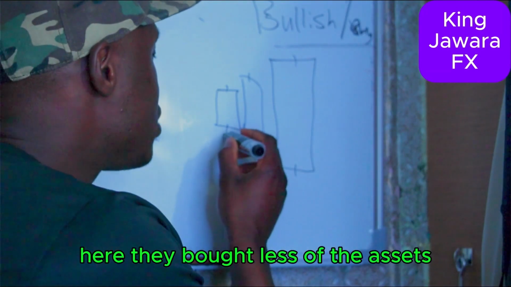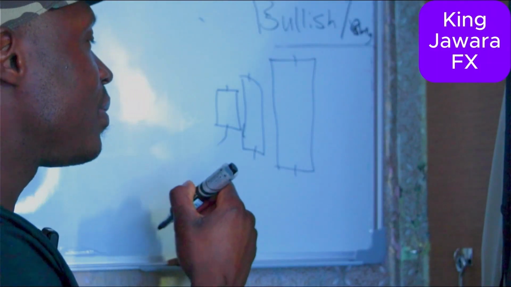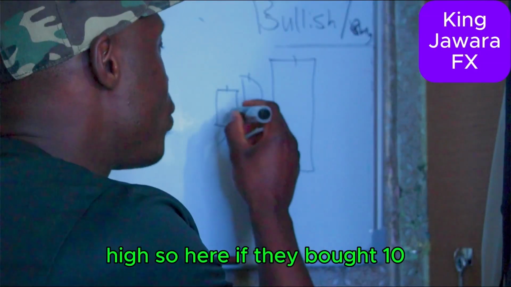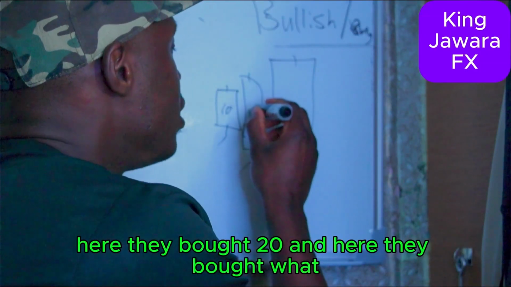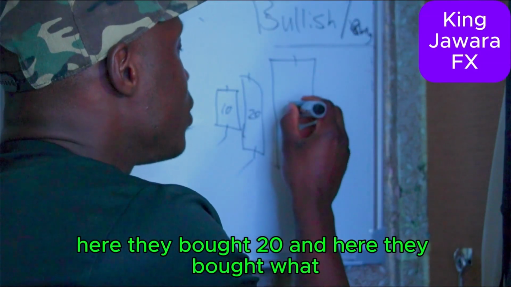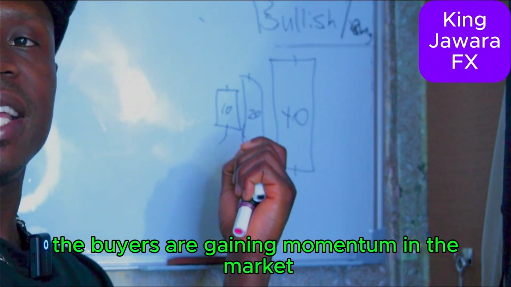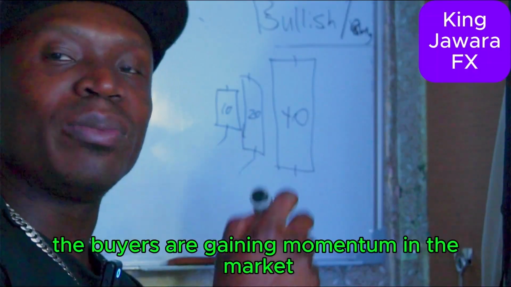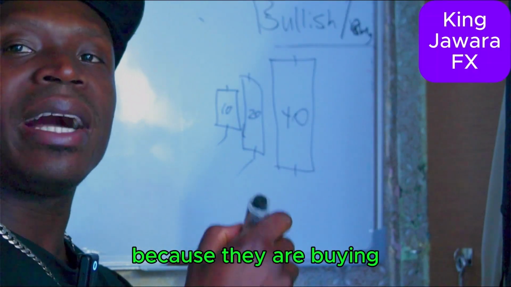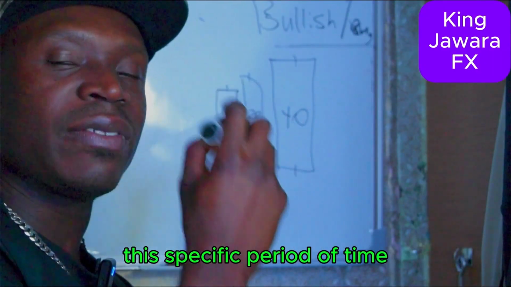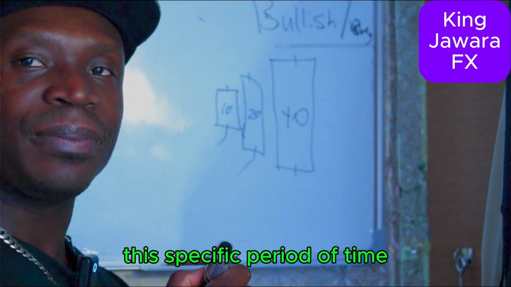Here they bought less of the asset, here they bought a medium amount, and here they bought a high amount. So if here they bought 10, here they bought 20, and here they bought 40, this one is telling us the buyers are gaining momentum in the market because they are willing to buy more of the asset during this specific period of time.